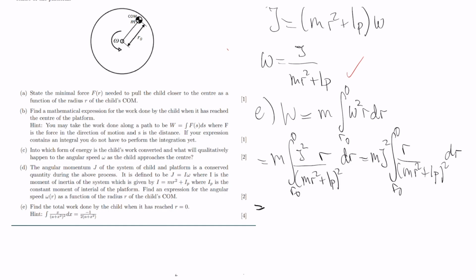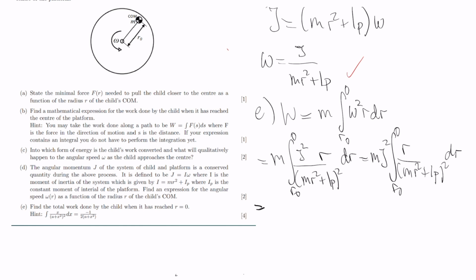Now let's compare this to the integral that we're given, and notice that the integral is of the order of x over x squared, and here we have m over m r squared. So what I'm going to do is essentially divide both sides of this fraction by a factor of m squared.